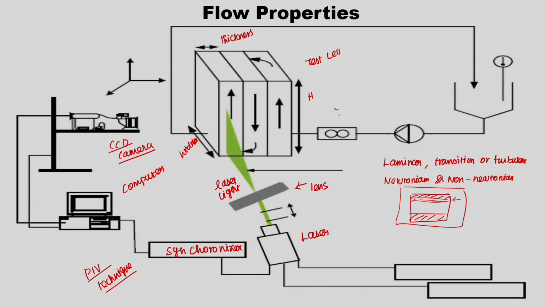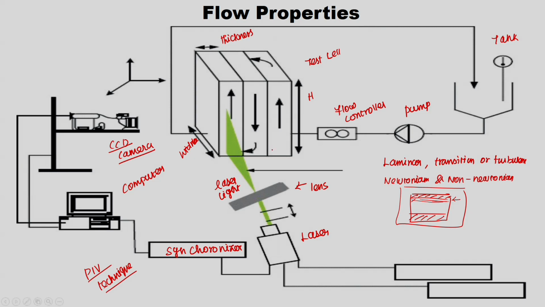And this is a flow controller. This is the pump. This is a tank. From here the fluid is pumped, and using the flow controller it goes to the test cell, then it comes back. Here we are using the laser light.